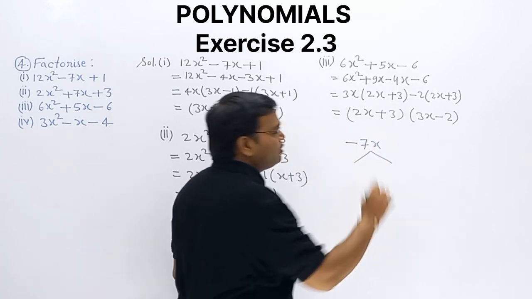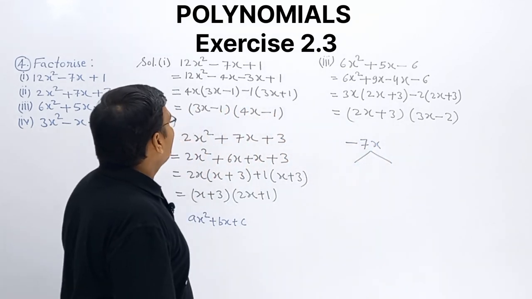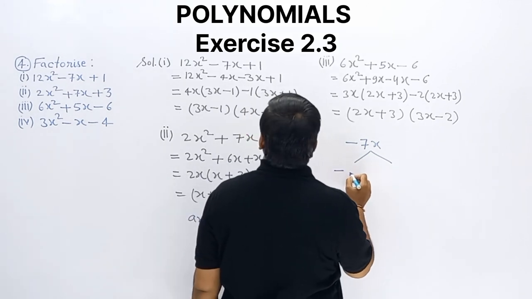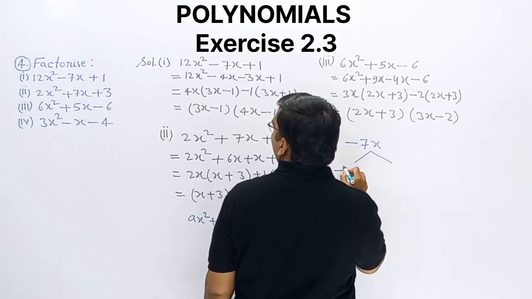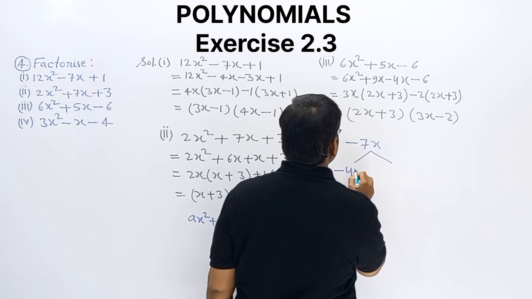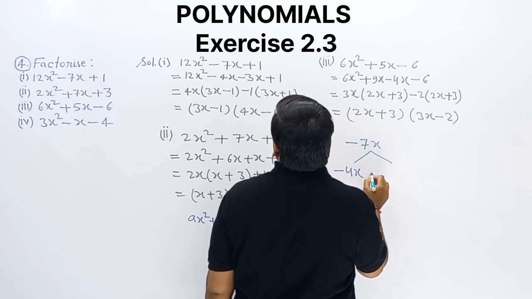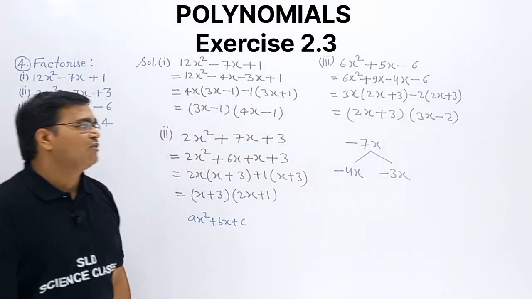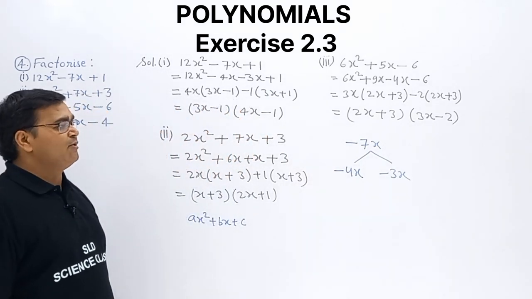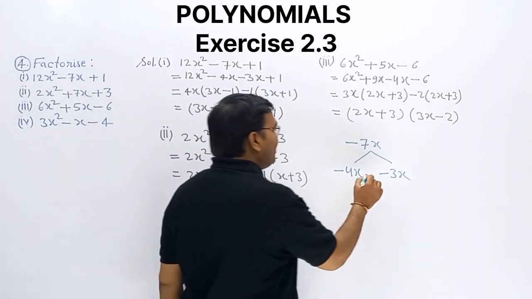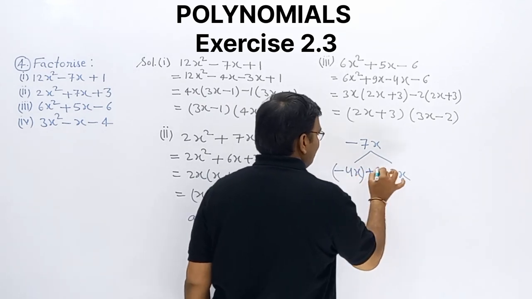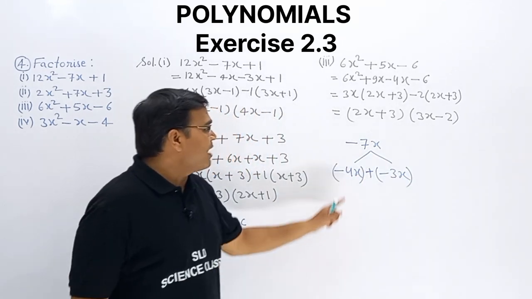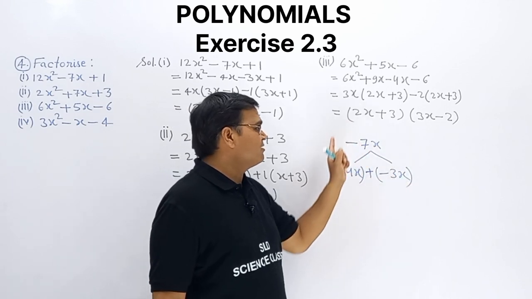I am splitting it into 2 parts: minus 4x and minus 3x. Observe how we are getting minus 7. We are adding both: minus 4x minus 3x.